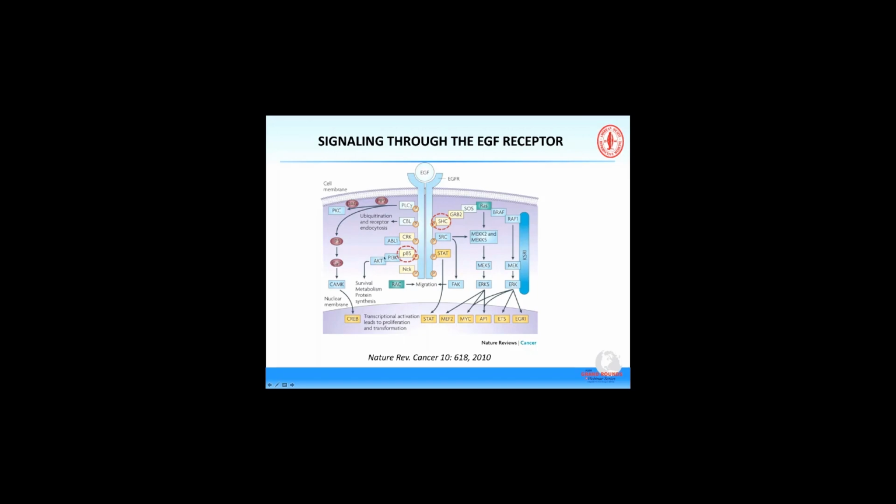Another important pathway that is modulated this way is the AKT and the PI3 kinase pathway. This happens by the binding of one of the subunits of PI3 kinase, p85, to another tyrosine that is phosphorylated.